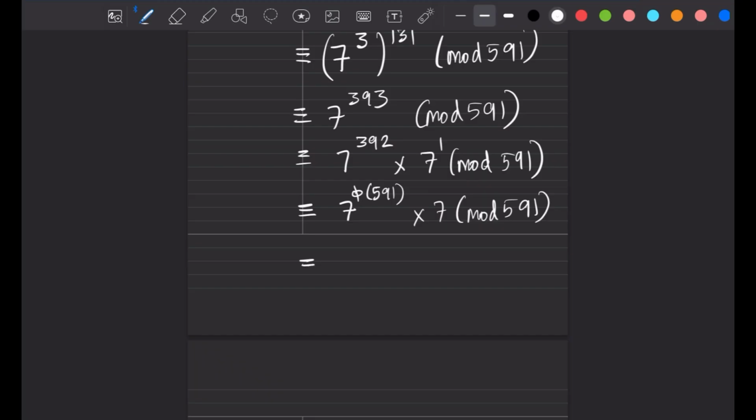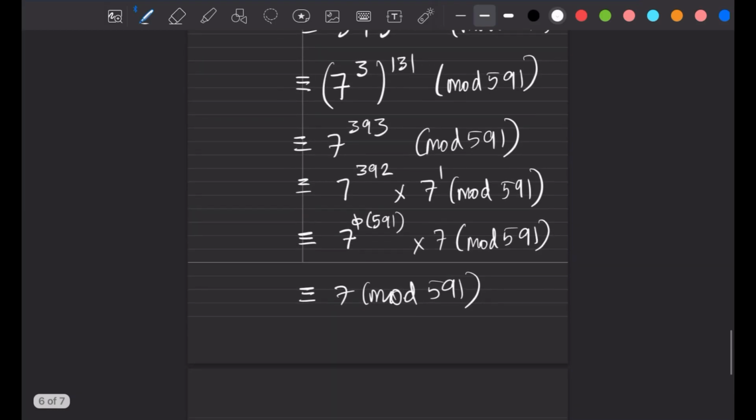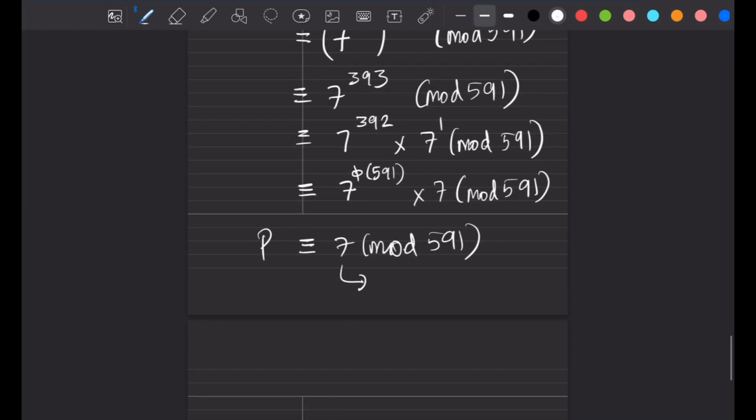And again, using Euler's theorem, this gives you 1 multiplied by 7, which is 7 modulo 591. And hence, your plain text is 7, which was H, as we had started with.